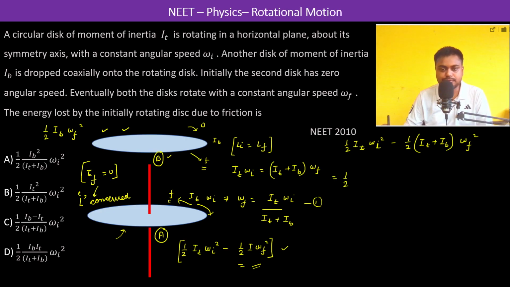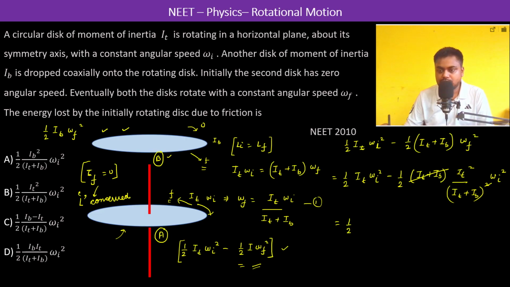This is half IT omega initial square minus half into IT plus IB omega final square. What is omega final square? This is IT square divided by IT plus IB whole square into omega initial square.